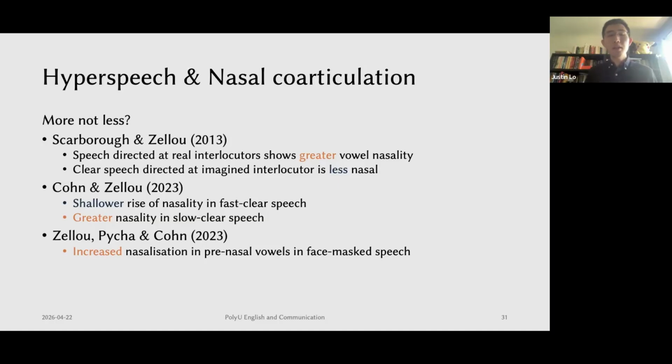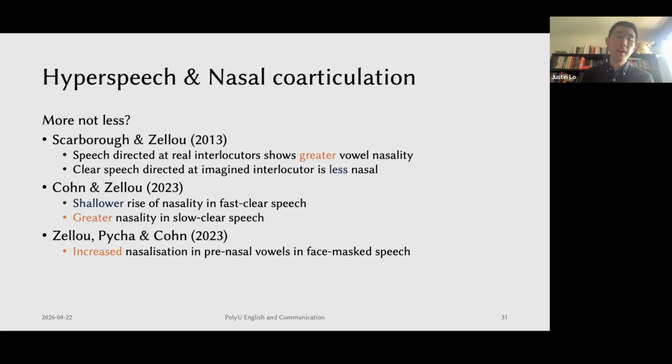What seems particularly interesting is that in these cases, instead of reduced coarticulation, all they have found is that there is more coarticulation. Speakers make the vowels before nasal consonants more nasal, using more coarticulation in clear speech than in quiet speech. So this was particularly intriguing.